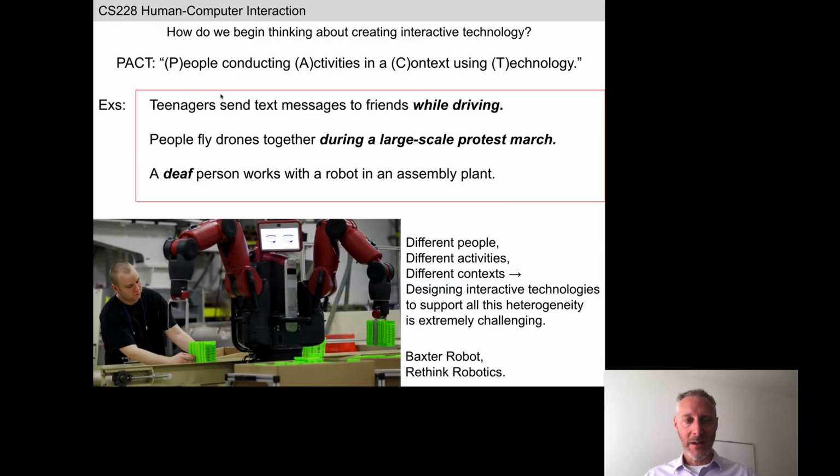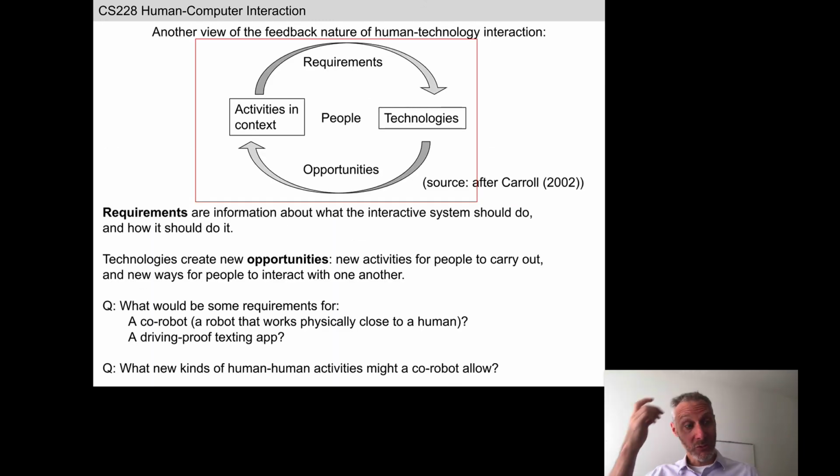So going back to our example of the co-robot, the collaborative robot, we might write some prerequisites. This robot should never move its arm close to the person unless the robot is sure that the person is looking at the robot's hand, or the robot's hand is in the user's field of view. That would be a prerequisite that we might write down, and any software for that robot is going to have to implement that requirement.